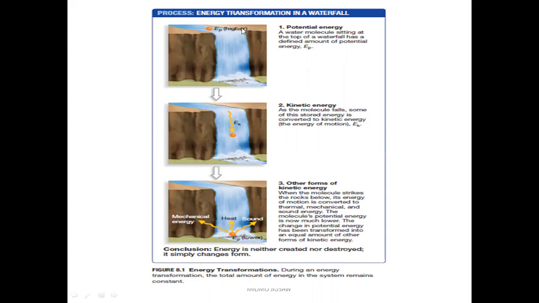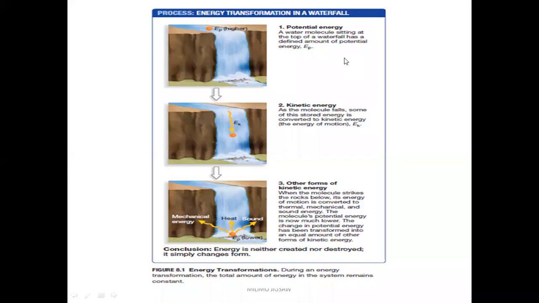You can have potential energy at the top of a waterfall, or, for example, a stone or a ball at the top of the roof of a house. The water molecule sitting at the top of the waterfall has a defined amount of potential energy. As that molecule begins to fall, some of this stored energy is converted into the energy of motion, which is kinetic energy.